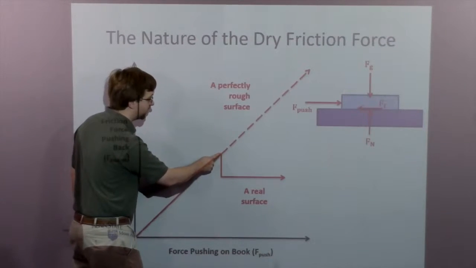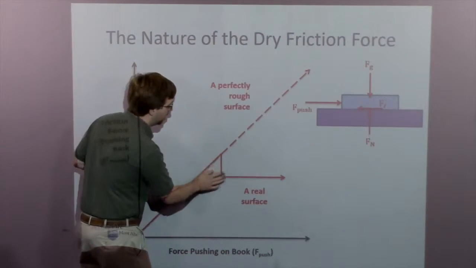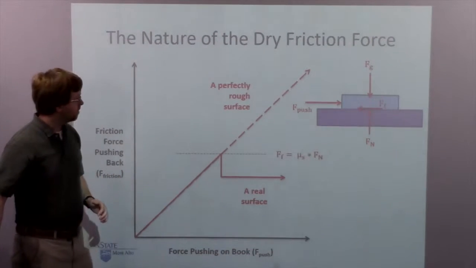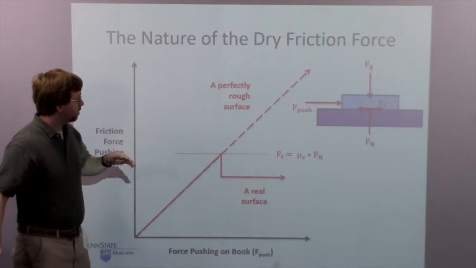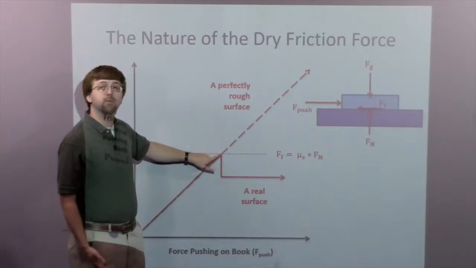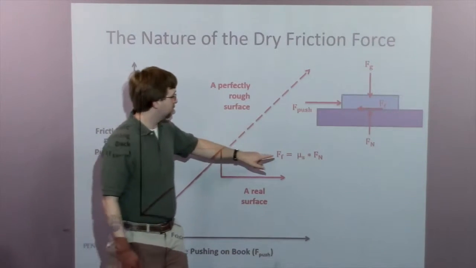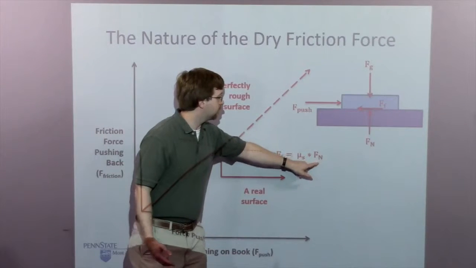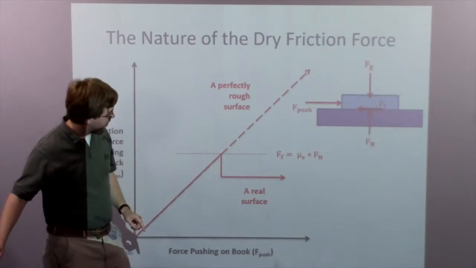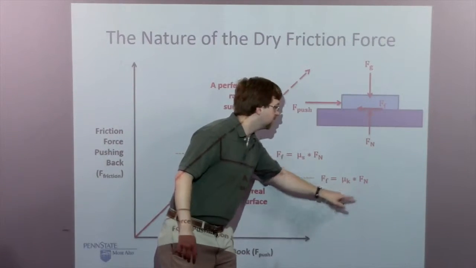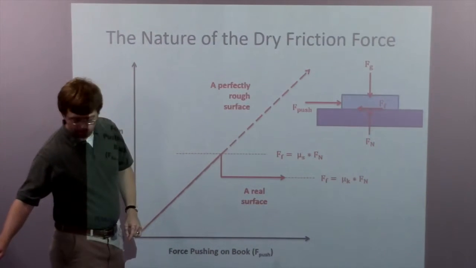We're going to look specifically at this point where it transitions, and then beyond that, we're going to have sliding occurring. The maximum friction force before sliding starts to occur is the static coefficient of friction times the normal force, and then it's going to drop down to the kinetic coefficient of friction times the normal force.